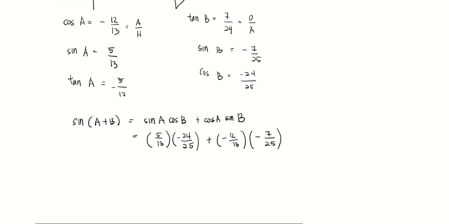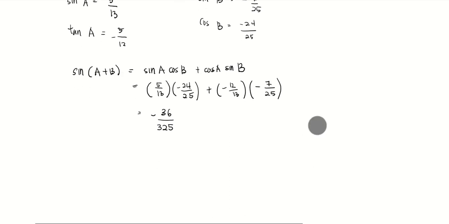We can simplify this, or just put these values in the calculator, so we get negative 36 over 325. Right, so we get sine A plus B.